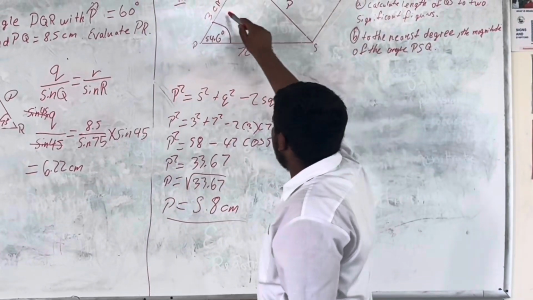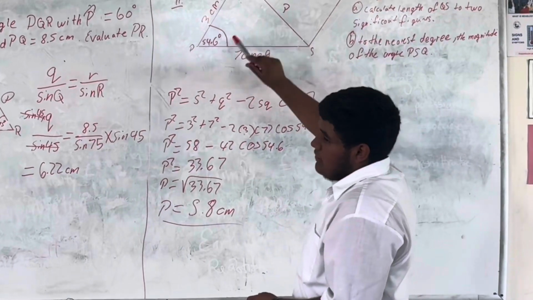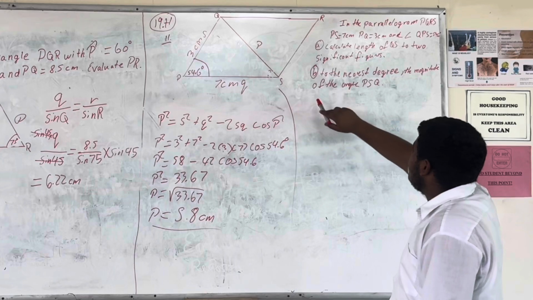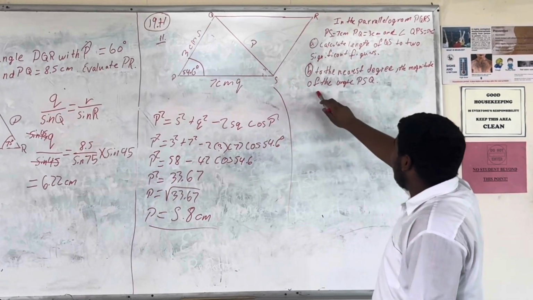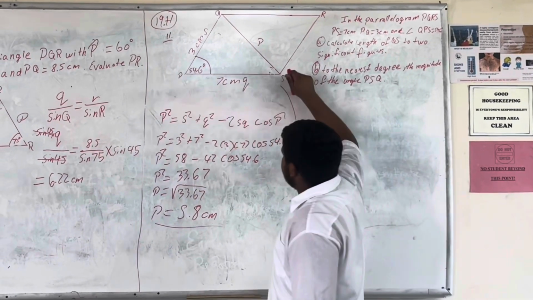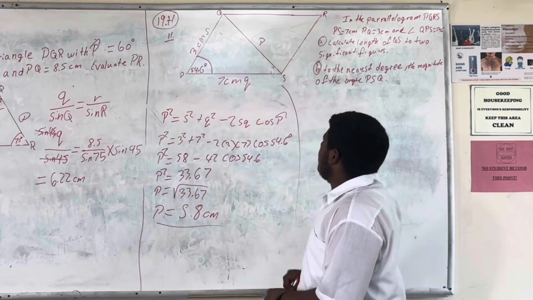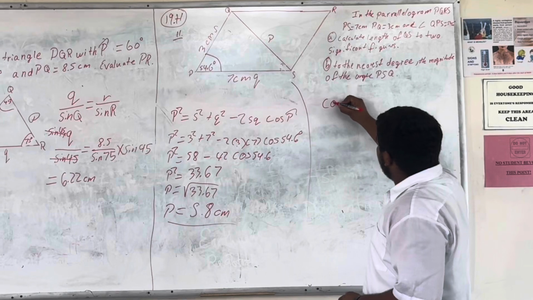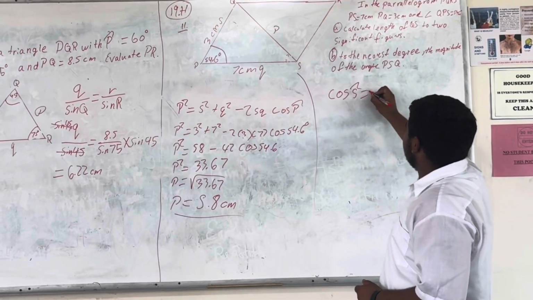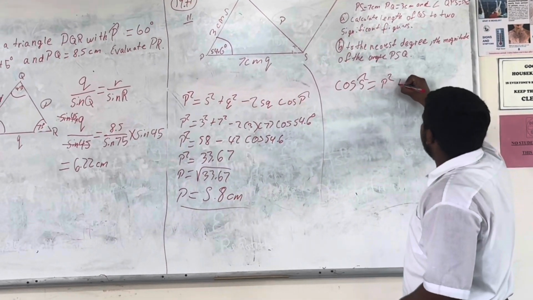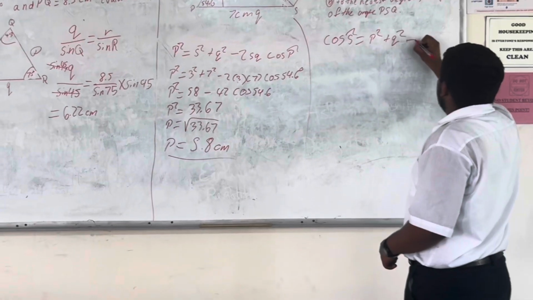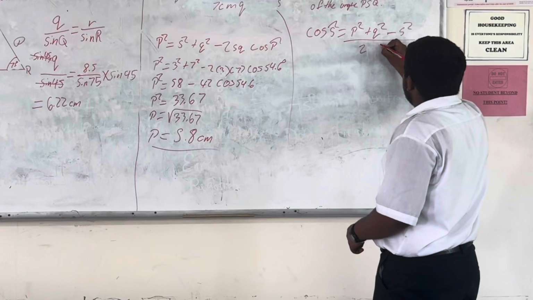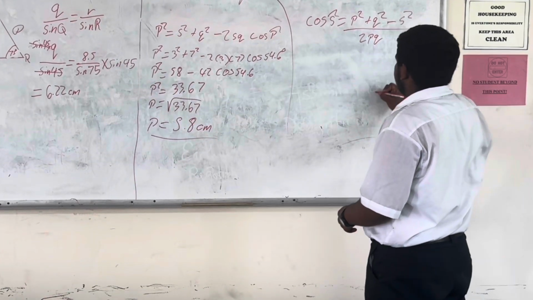So now you know all three sides of this triangle. Now for part B, find, to the nearest degree, the magnitude of the angle PSQ. PSQ means this is the angle we want to find. To find that angle, we will do cosine S is equal to p squared plus q squared minus s squared over 2pq.